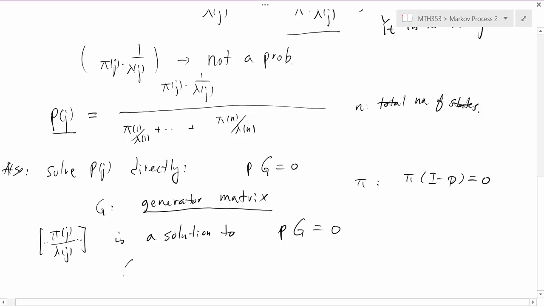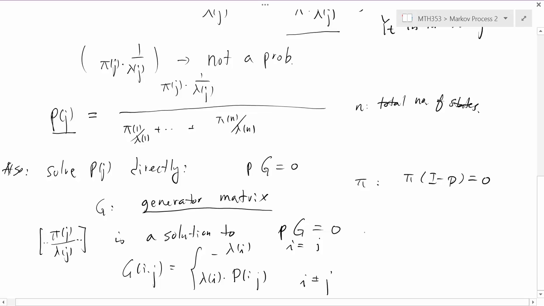And this G over here is the following matrix. If you look at its entries, on the diagonal, it's exactly negative lambda i, so i is equal to j. If it's not on the diagonal, it's going to be lambda i multiplied by Pij.